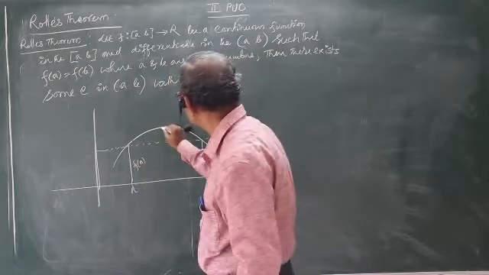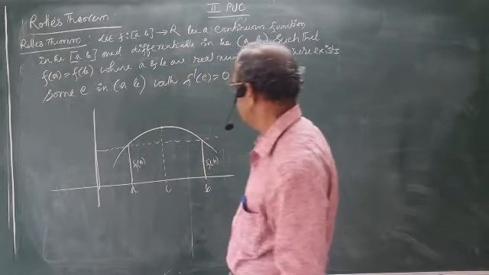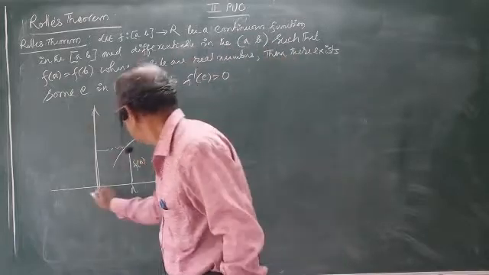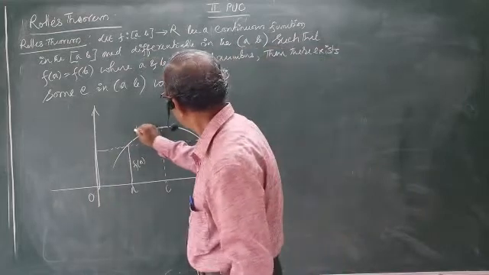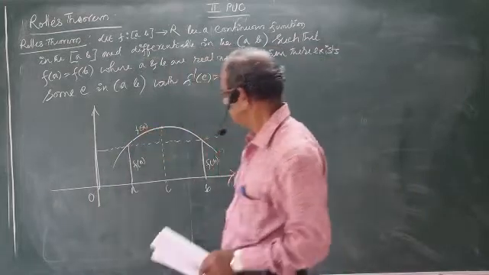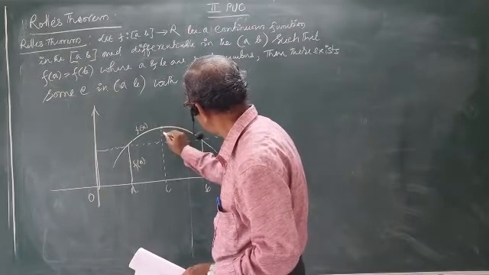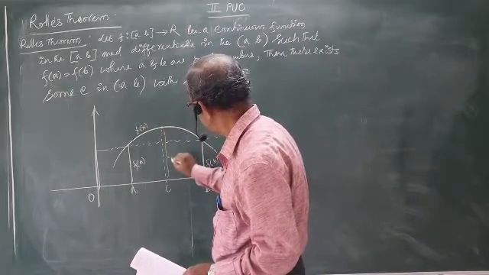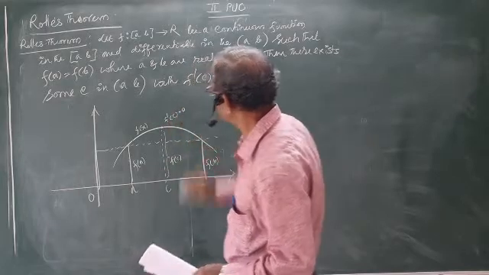Then there exists a point c. This is f of c, such that f dash of c is 0.